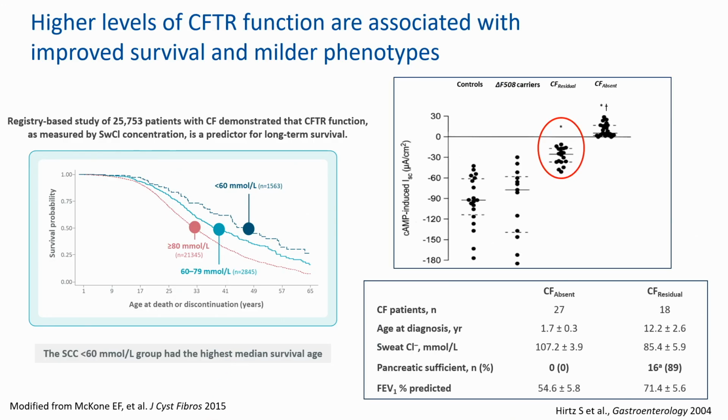Also, from CFTR function studies in intestine, we see that patients with a residual CFTR function in the range of 5 to 40% of CFTR function show milder disease with lower sweat chloride values, higher percentage of pancreatic sufficiency, and better lung function.